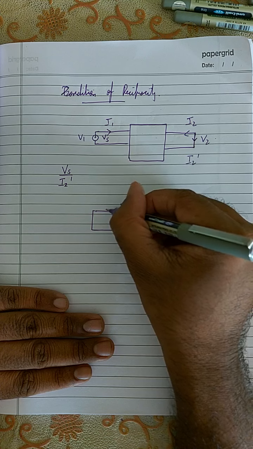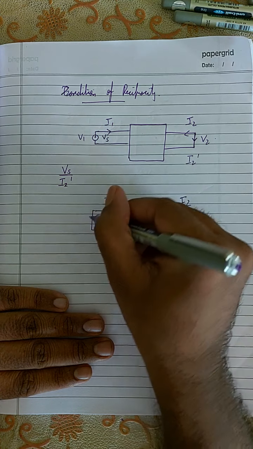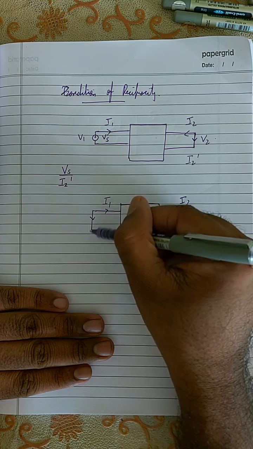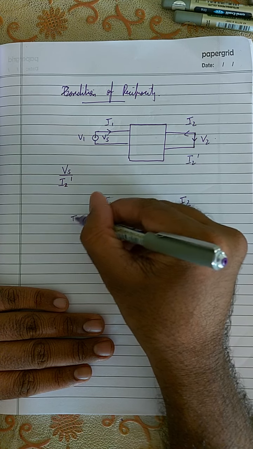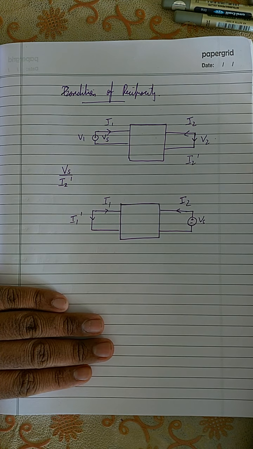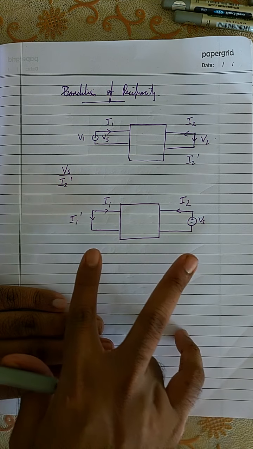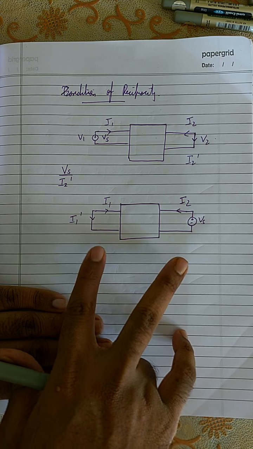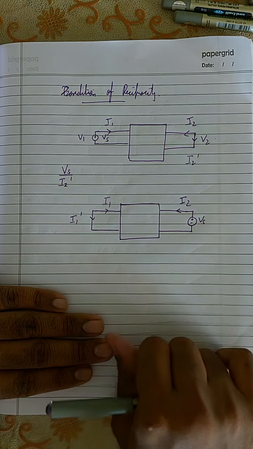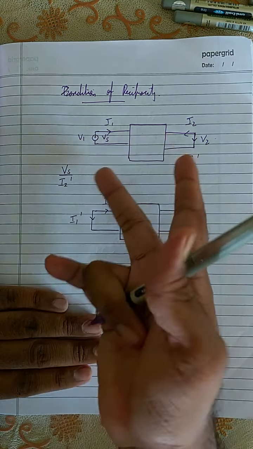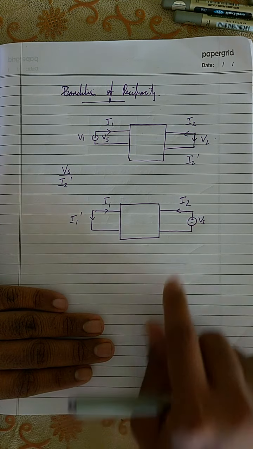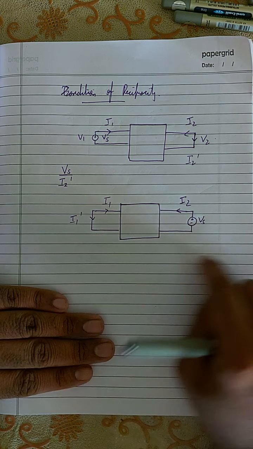Let the current through this short wire be called I1 dash. Now in the second case, the excitation and the response have been reversed. So now this is the excitation and this is the response.